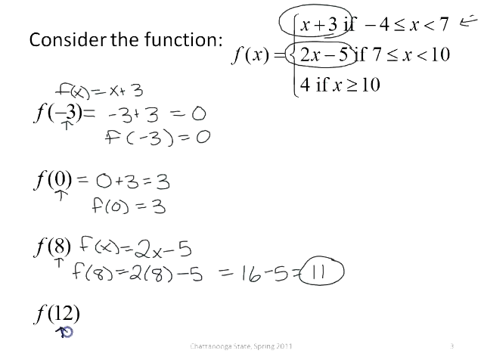My next one, I have f of 12. If my x value is 12, it falls in this part of my domain. So the function I use here is just f of x equals 4. So f of 12 would be 4.